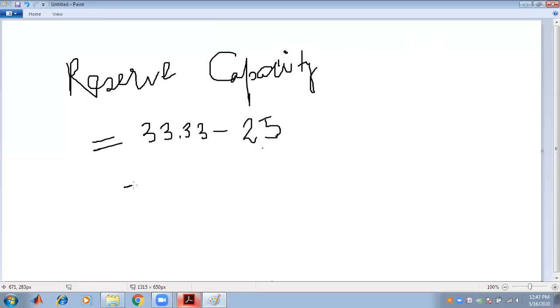So it is found as 8.33 megawatt. This is the reserve capacity of the plant. This is our answer.